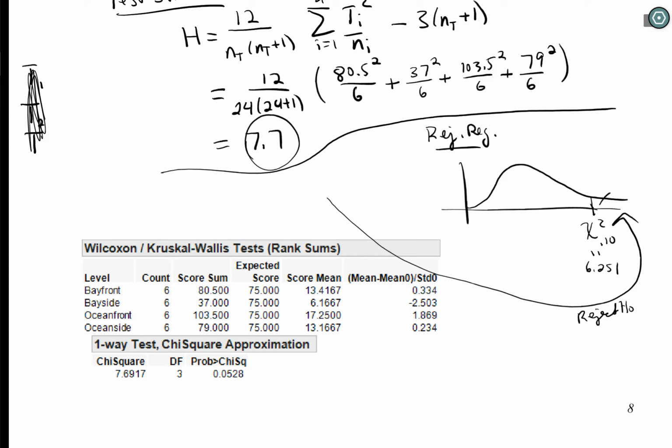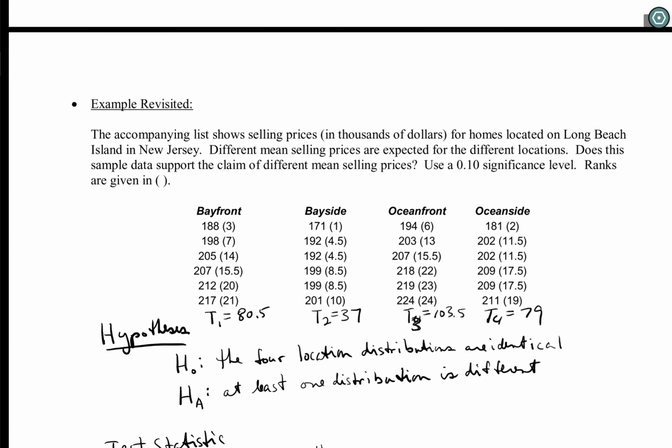Here is the JMP output for the test. You can see here the T values, the rank sums for each sample, and here's the chi-squared value that we got in our computation and a resulting p-value. Okay. But anyway, this is the Kruskal-Wallis test.